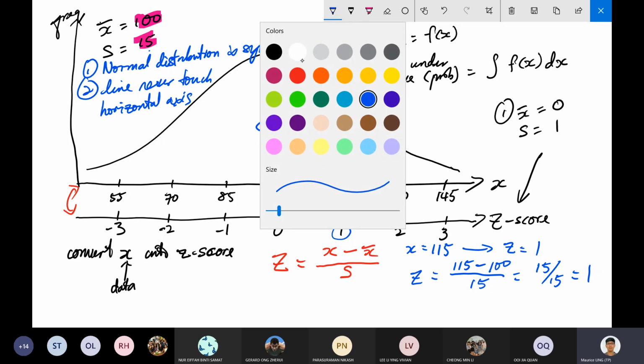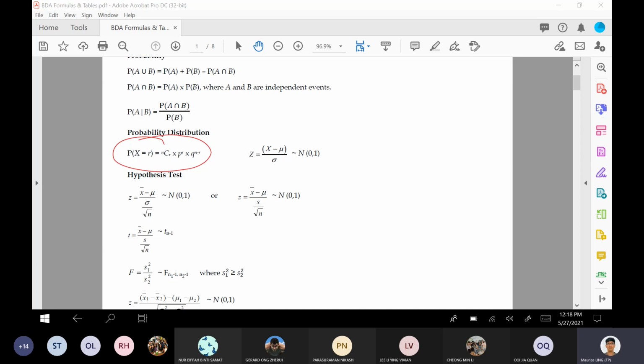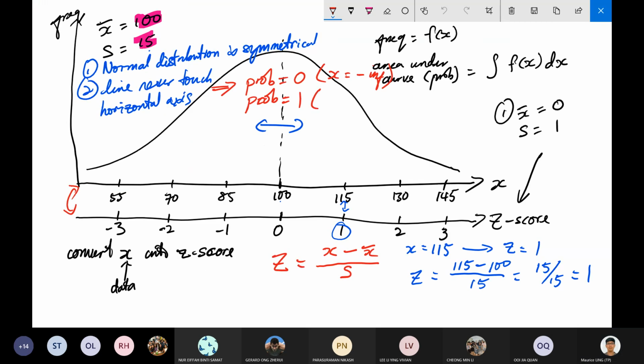Because it never touches the horizontal axis, essentially you can never get the probability equal to 0 or the probability equal to 1. Because the probability equal to 0 means that the X value is actually minus infinity. The probability of 1 means the X value is actually infinity.